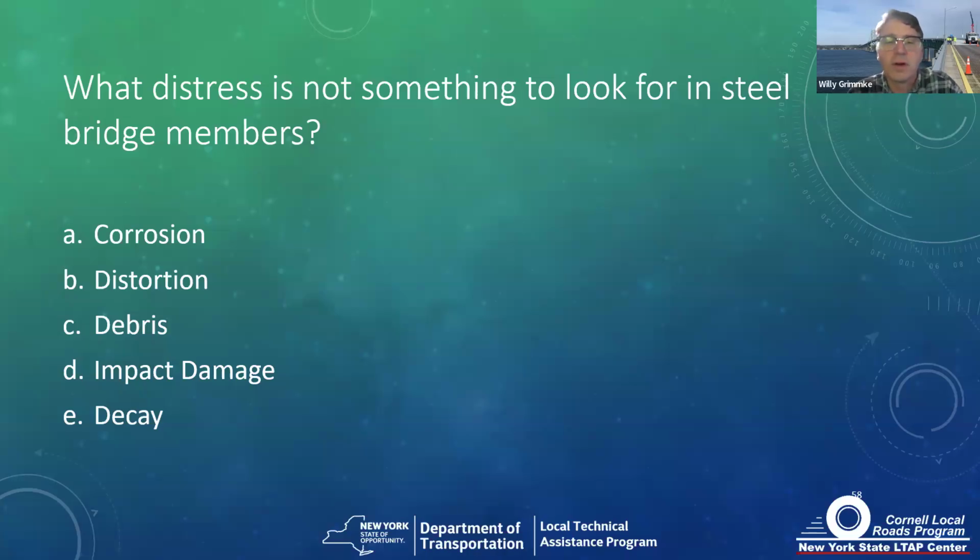So we want to make sure our steel is clean and we don't have accumulating debris. Impact damage can happen. What we really don't care about with steel is decay. Steel will corrode. Decay is an issue we're looking for on timber.